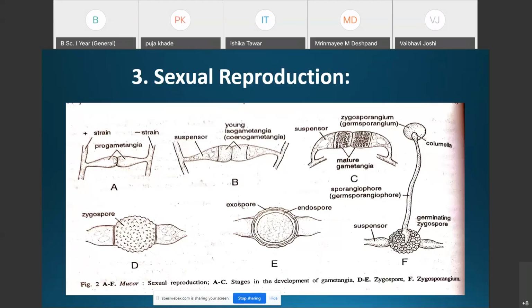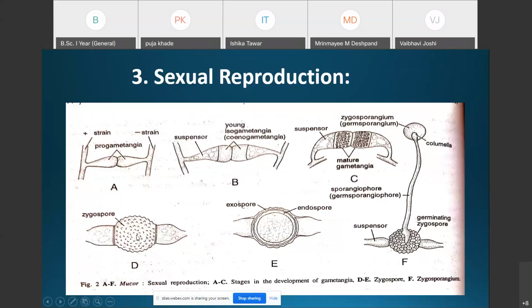And the third step, the fusion of the gametangia to form the zygospore. So, the three steps in the sexual reproduction of Mucor are the initiation of the gametangia, the growth of gametangia towards each other, and the fusion of the gametangia to form the zygospore.